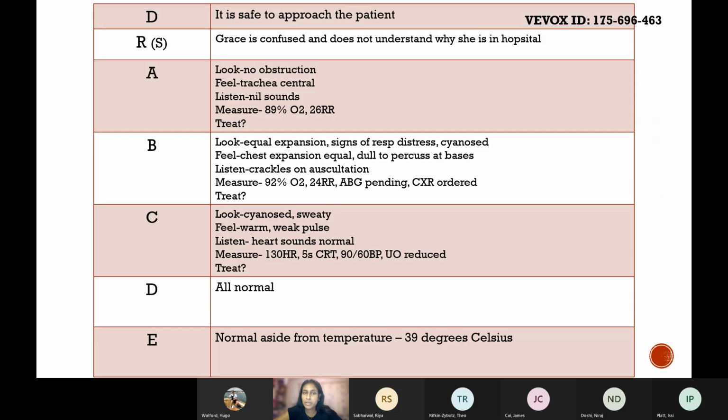So if I put this slide up and tell you that's all the information you've been told, and you had to put forward some differential diagnoses, what sorts of things will you be thinking of? Thanks so much, that's useful.